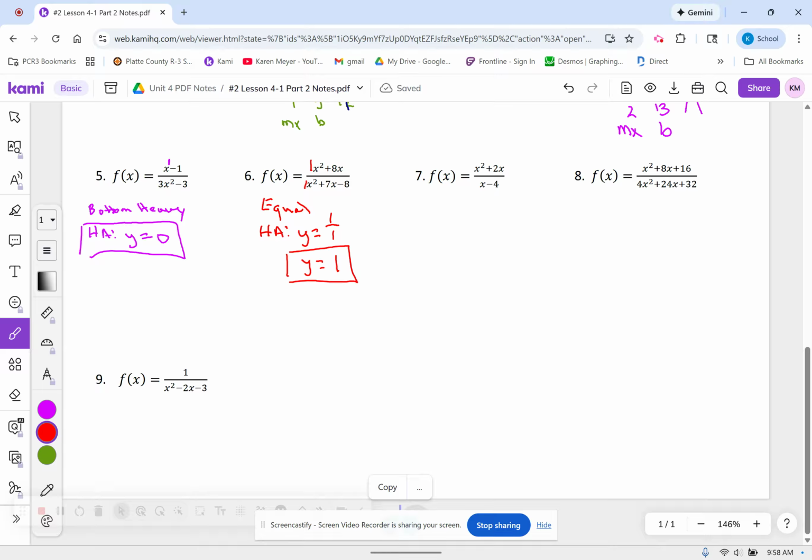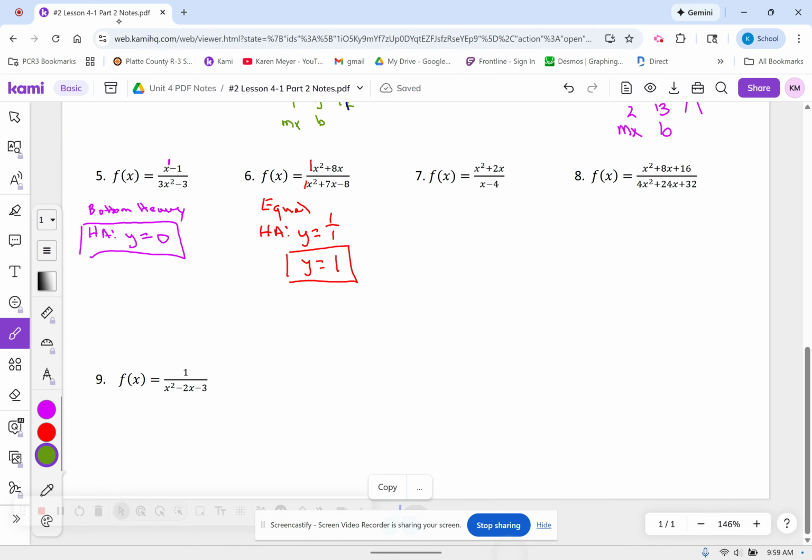Now, I've also had some people, just going to throw this out there, that have in the past said, okay, well, what if I went ahead and found my VA first, like we did in the last lesson? So what if I factored out a GCF from my fraction?